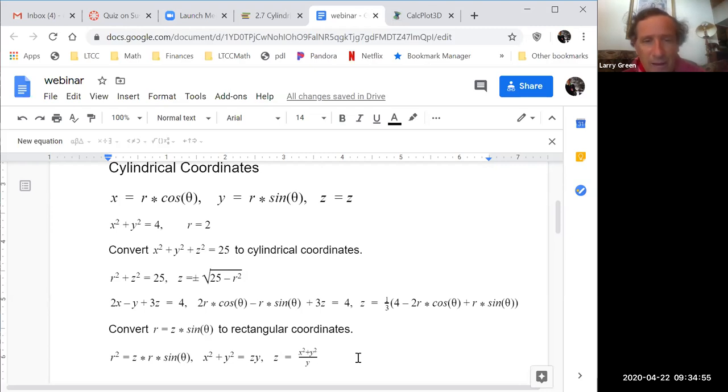Okay, so now let's look back at the original one I looked at, which was a sphere. The sphere is kind of a mess in rectangular coordinates, and it's kind of a mess in cylindrical coordinates, right? Spheres are important. Spheres happen all over the place in the real world, especially in physics.